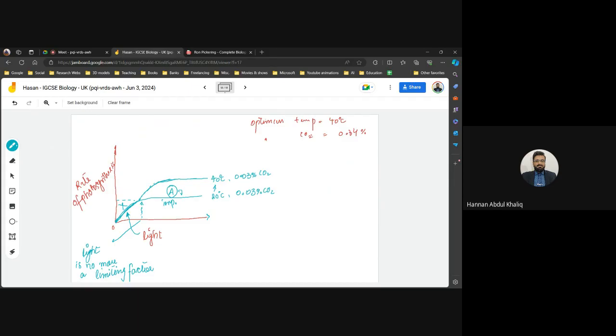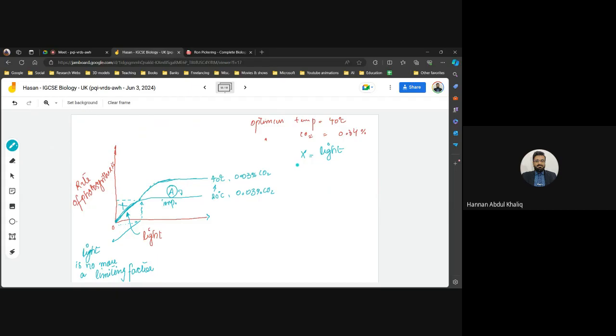Then we started to raise its amount, and then it reached a level where it is no more a limiting factor. So remember, in this box, always the factor that is given at the x-axis would be the limiting factor. Is it clear? Yes. So I can say at point x, light is the limiting factor.